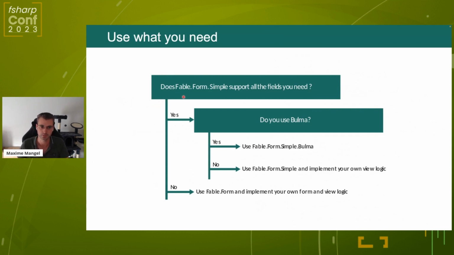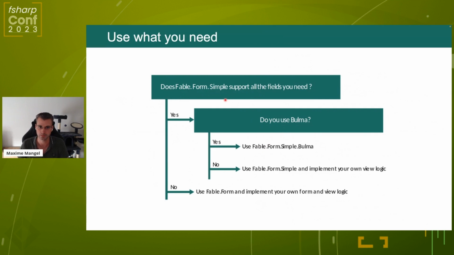So if Fable.Form simple support all the fields that you need, and that you are using Bulma, for example, you are going to need to use Fable.Form simple Bulma, and you are just ready to go, nothing to implement on your side.